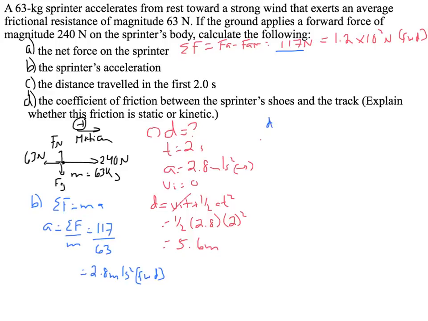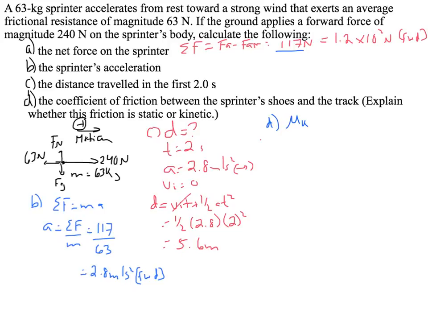D says the coefficient of friction between the sprinter's shoes and the track. It should be what is the coefficient of friction between the sprinter's shoes and the track. Explain whether this is static or kinetic. So D, we're looking for mu k. The question is based on him running, so we will ignore the initial static friction and only focus on kinetic friction.